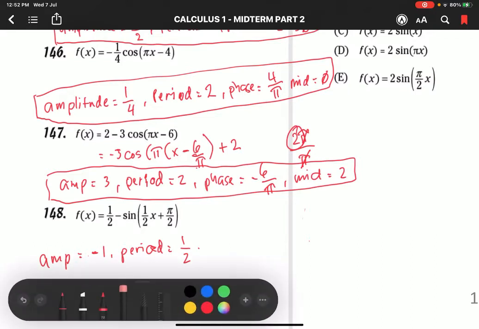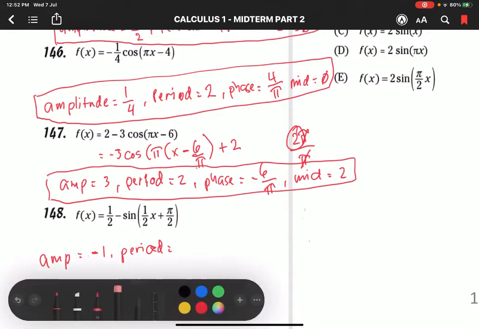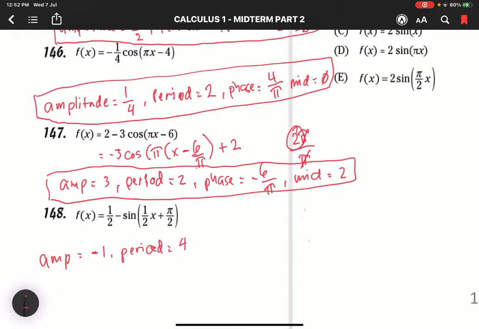Dito 1 half, no? Lagyan natin siya ng 2 pi sa taas. So, siya magiging 4 pi. Sa phase shift naman, we have, since ito ay positive, so magkakaroon tayong double negative. So, ito ay negative pi over 2.